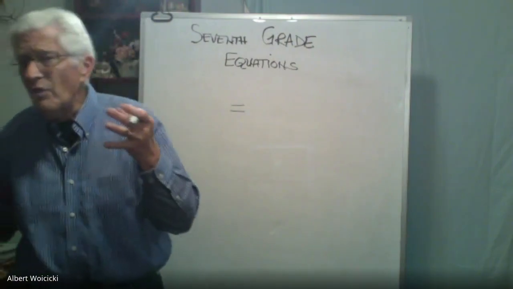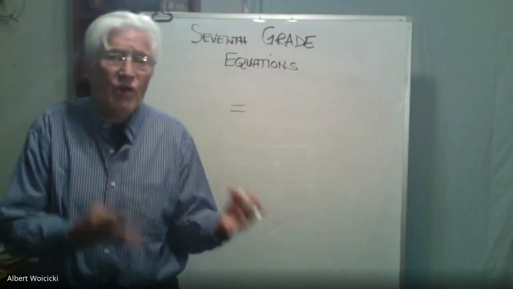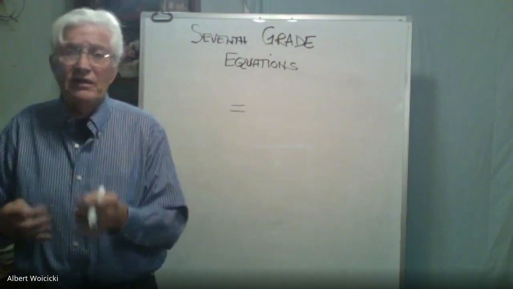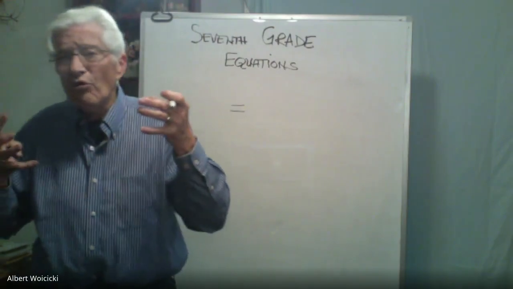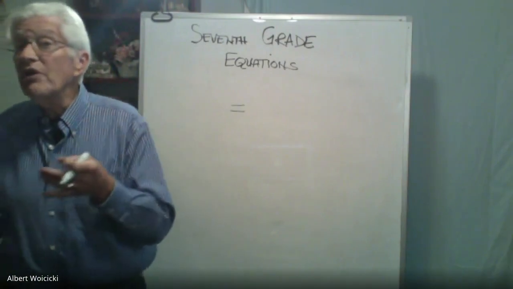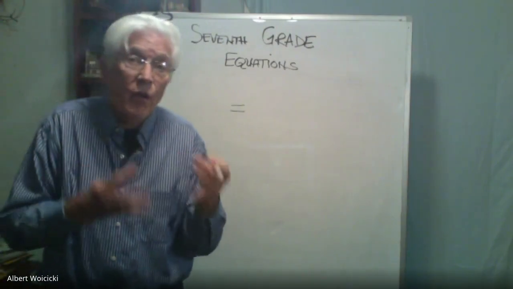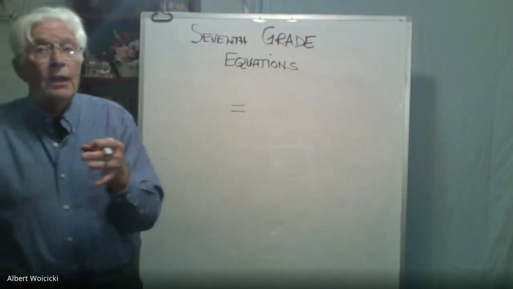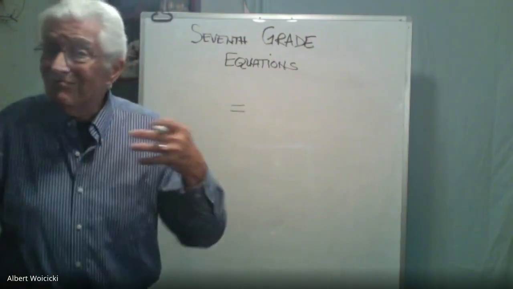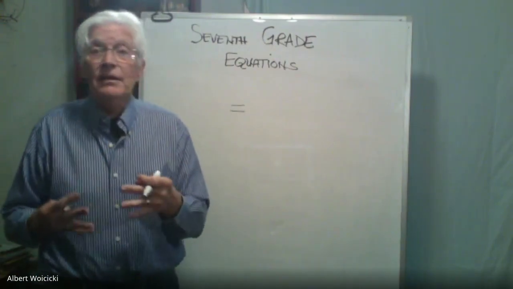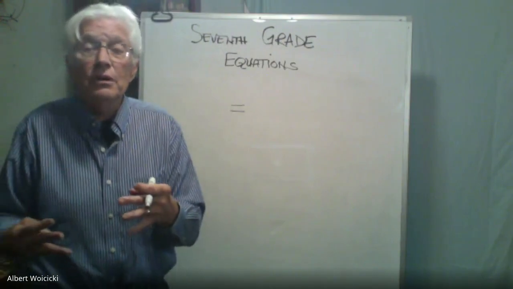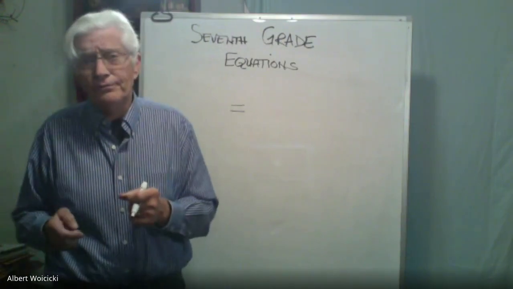They have to know how they work, adding, subtracting, multiplying, and dividing them. They have to know how they work really, really well before we start throwing equations at them. So you might be doing a lot of that prior to thinking about equations.